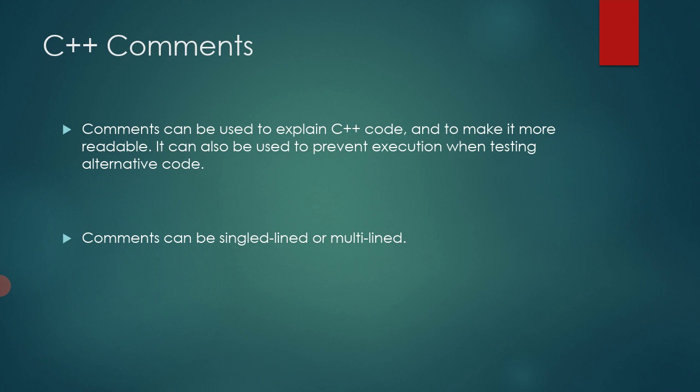Comments can be used to explain C++ code and to make it more readable. So see students, the very first point is we make use of comments to make the code more readable. More readable means it is easy for the user to understand by just reading the name of the program.